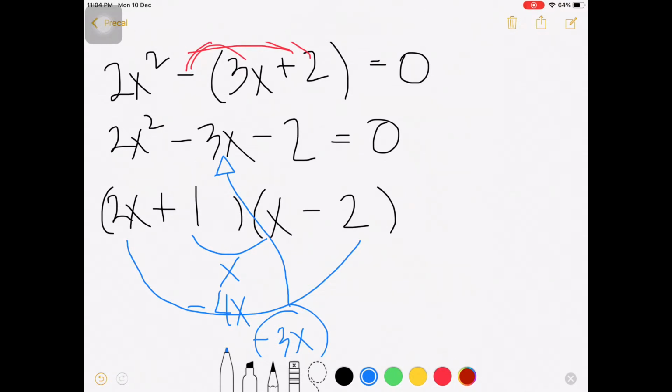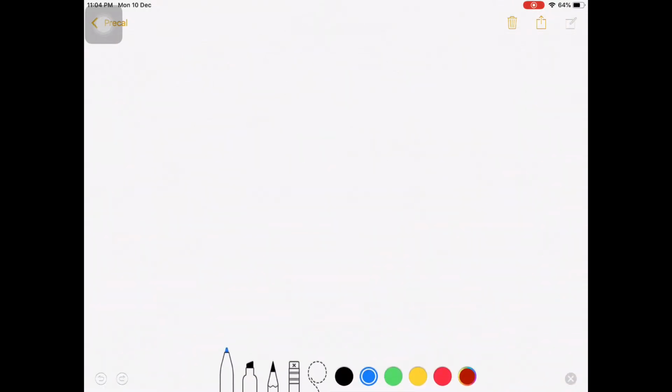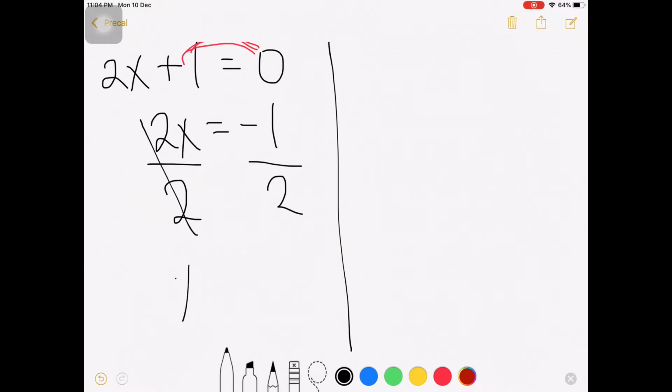Okay, so the factors that we have right now are 2x plus 1 and then x minus 2. And then with that we have to get the x. The first one is 2x plus 1 equals 0. We have to isolate x, so we transpose 1 to the other side, so it will be negative 1, and then divide both sides by 2, we will have x equal to negative 1 half.